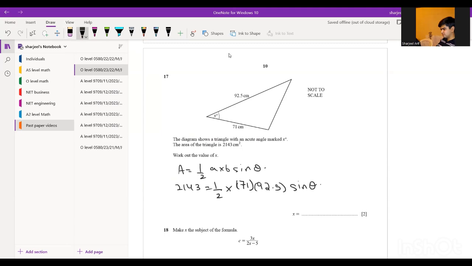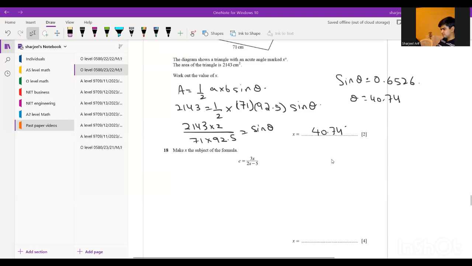We have to find the value of sine theta. So sine theta will be equal to this function. So sine theta will be equal to 0.6526 and theta will be equal to 40.7.